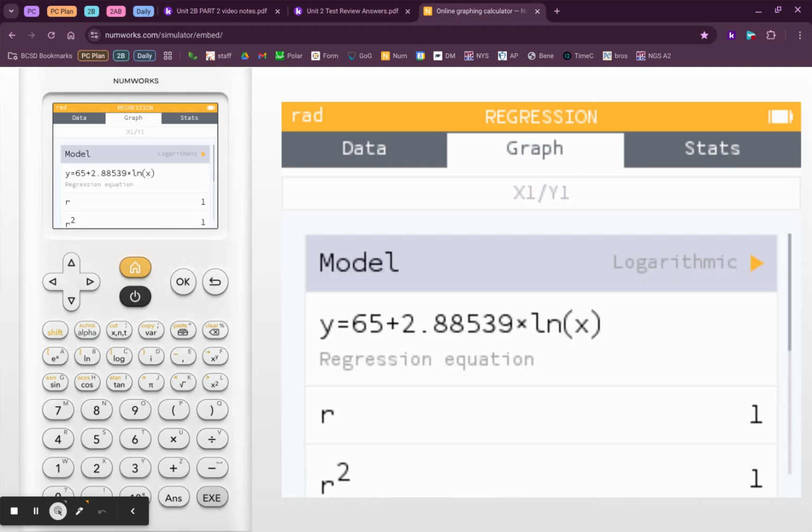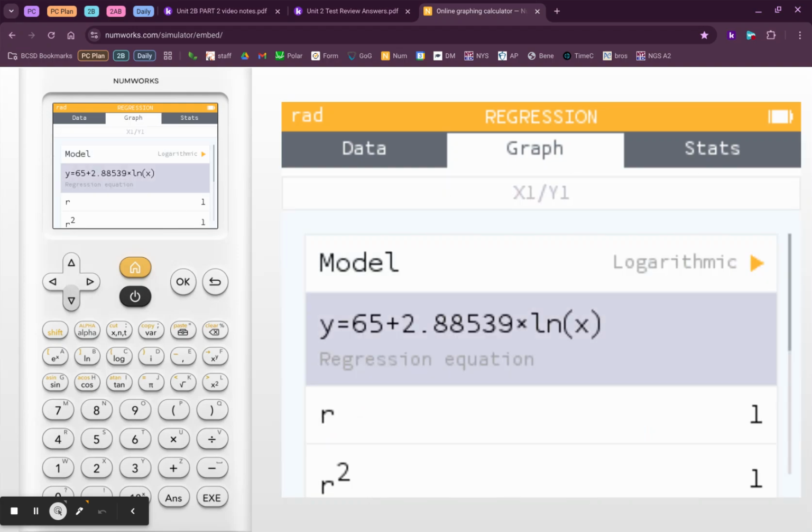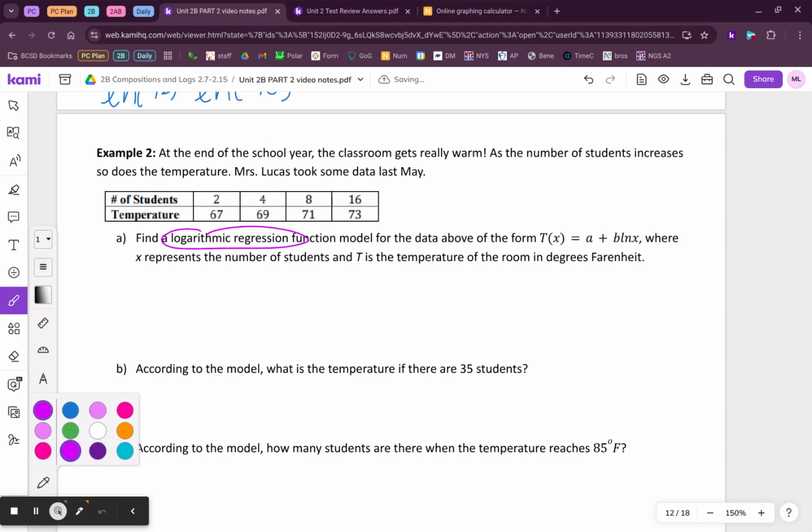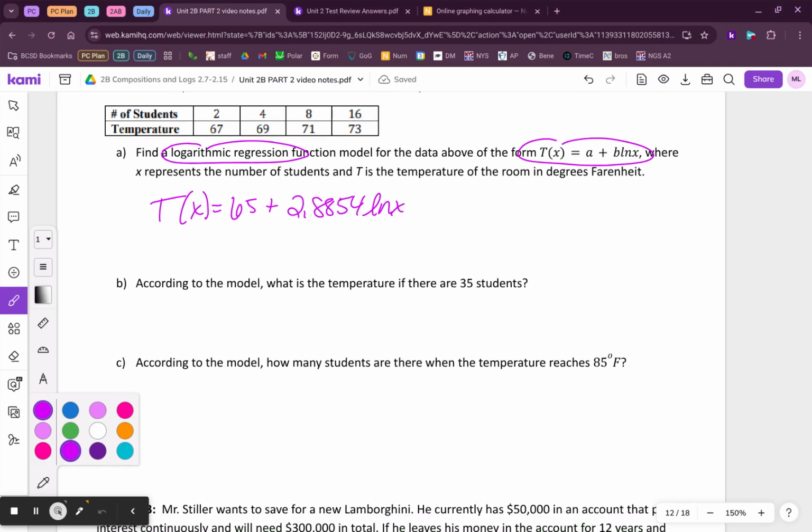There's our equation. Okay, we're going to write it using the right notation. So it's T of X equals A was 65, B was 2.8854, ln of X. According to the model, what is the temperature if there are 35 students? So we're going to put in 35 and find out what T is.